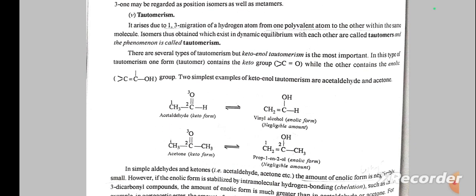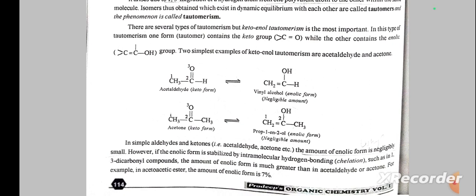Fifth is tautomerism. It arises due to 1,3 migration of a hydrogen atom from one polyvalent atom to the other within the same molecule. Isomers which exist in dynamic equilibrium with each other are called tautomers, and the phenomenon is called tautomerism.